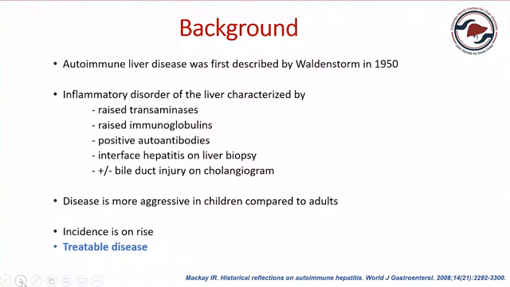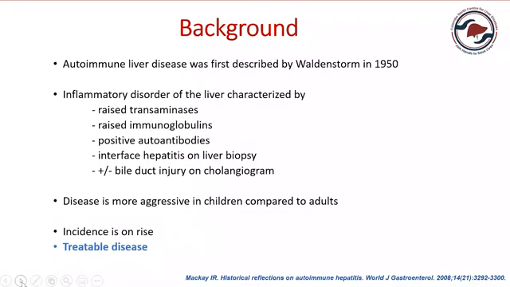This is where we would think about and suspect autoimmune liver disease. The disease is more aggressive in children and adolescents compared to adults. So the treatment is also quite aggressive compared to adults.